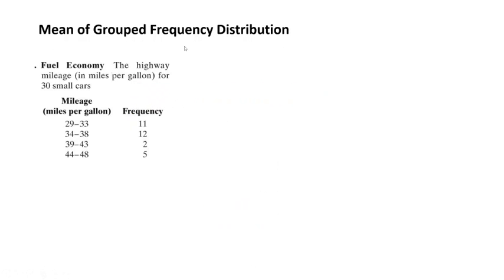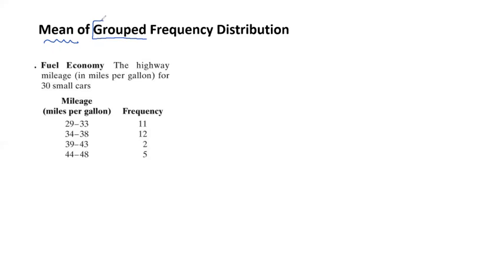Moving on. Okay, so probably until now, nothing got too exciting because you knew most likely about the mean, median, and mode. But let's see how we deal with this type of problem. Here we go. We have to find the mean, but this time we have to find the mean of a grouped frequency distribution.